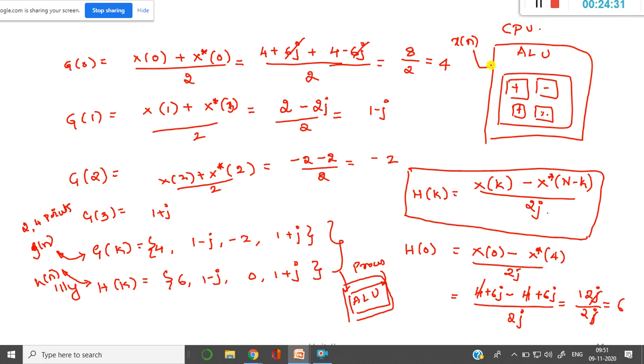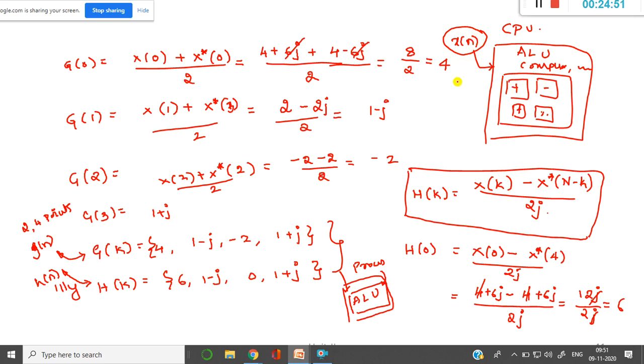Now when I give this x of n to my processor, then it has to go for many complex additions and complex multiplications inside it. So naturally it will take more time, or more hardware is required to compute this x of n value.